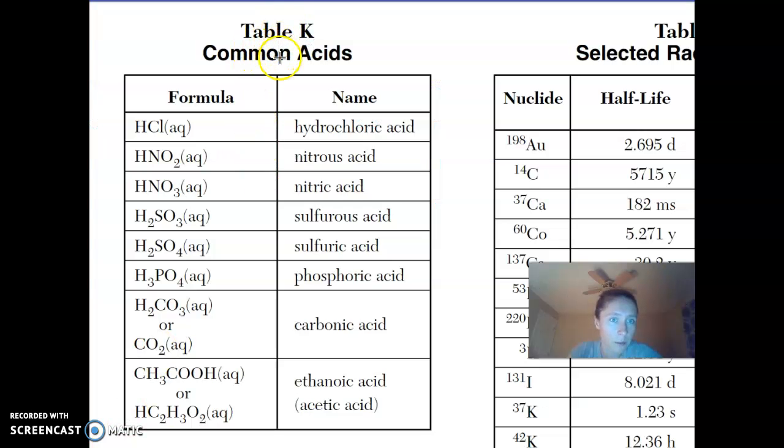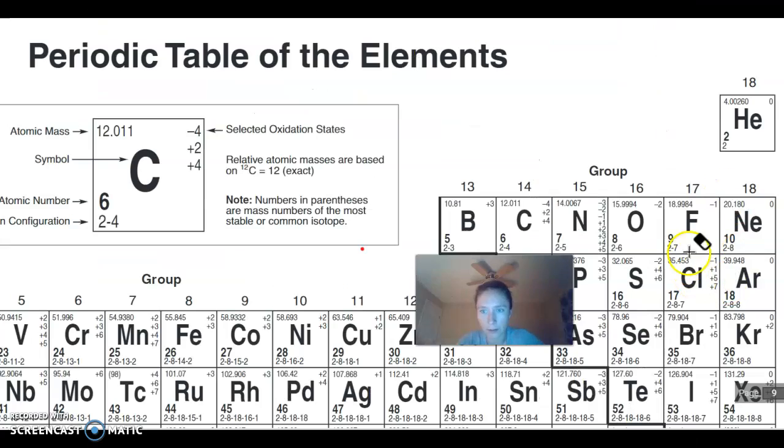So on table K, you'll see there's a whole bunch of common acids listed, and while HF is not listed, HCl is pretty much the same thing. If you go down to your periodic table, you'll see that fluorine and chlorine are in the same group. So hydrofluoric acid is very similar to hydrochloric acid.